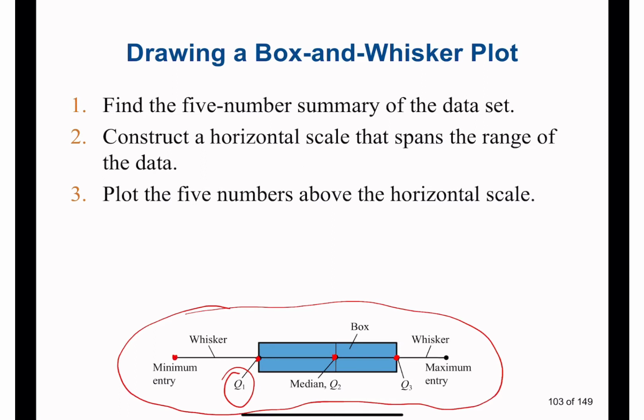Minimum value, maximum value. Minimum and maximum can be with possible outliers, okay? And those are what we call whiskers. Whisker, also whisker. So that's what we're going to build and then explore, analyze this plot.